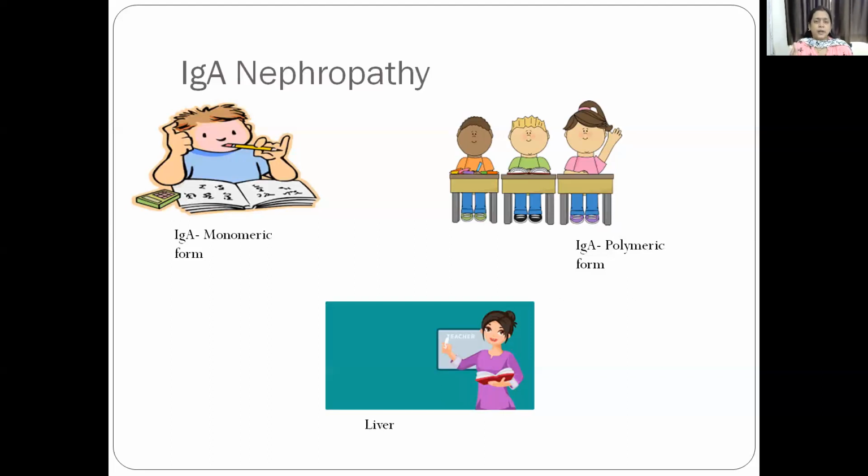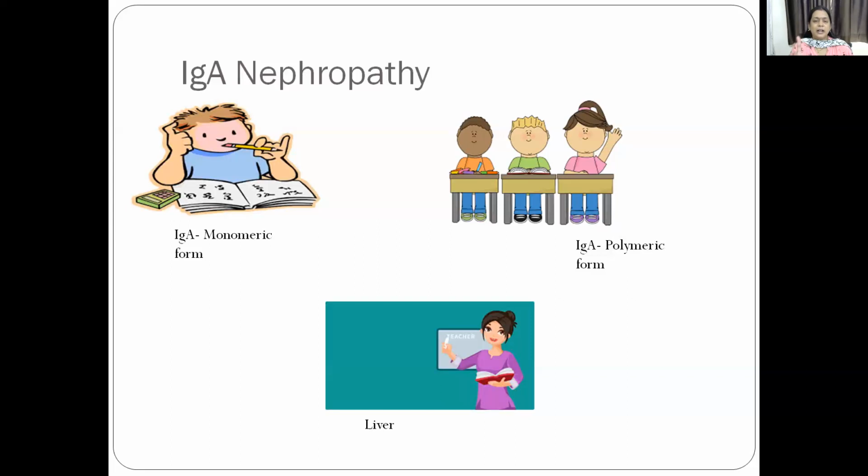Then there is recruitment of leukocytes, adding to the injury, and the complement system is activated to destroy these immune complexes and the mesangial deposits. So the main important point is that the absence of C1q and C4 is very crucial.